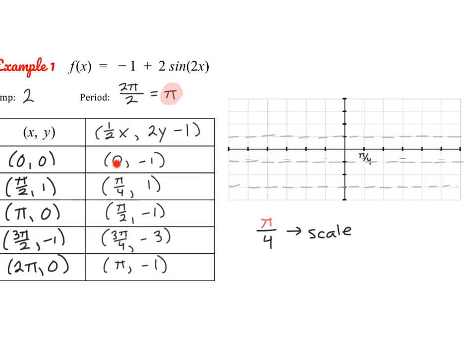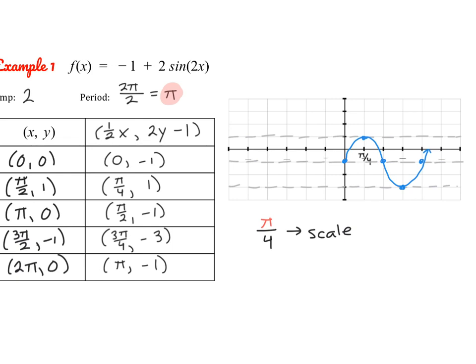So really, if we start at this first one, which is at 0, -1, I can really just split this up into 4 parts, 1, 2, 3, 4, and it will go up to the maximum, back down to the middle, down to the minimum, back down to the middle. And there's one full period of sine.